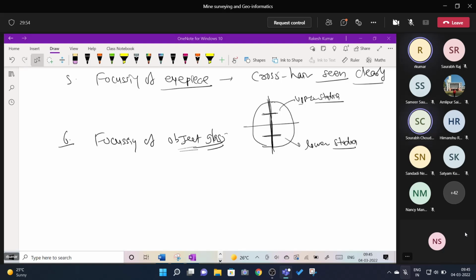Sir, that is the angle in the right direction, face right, and in the left direction, face left. If you see, there is a vertical circle on the theodolite.